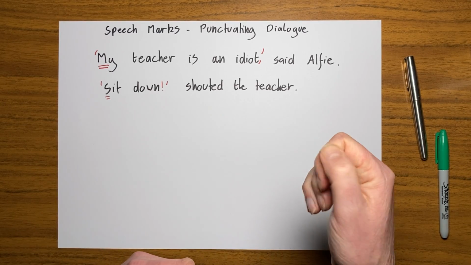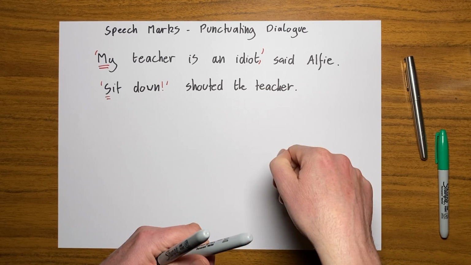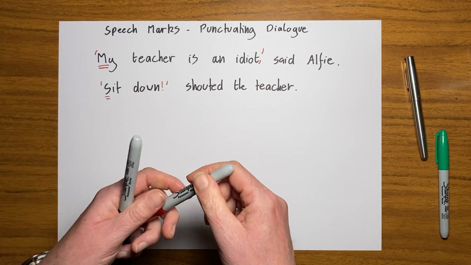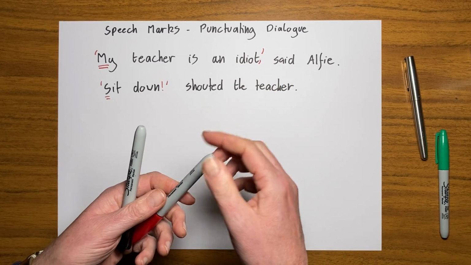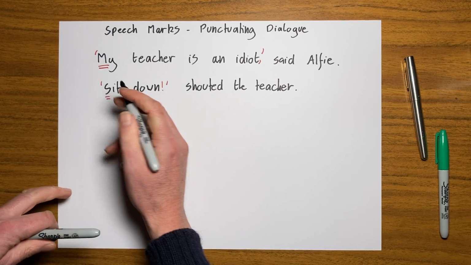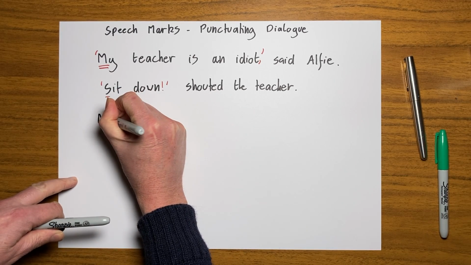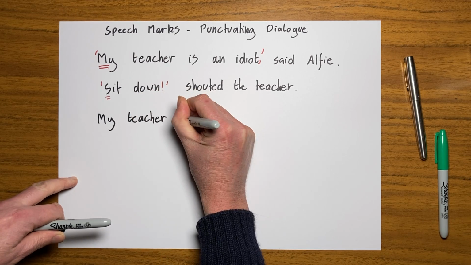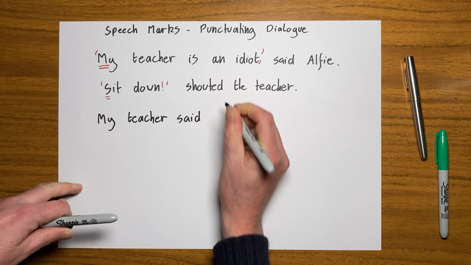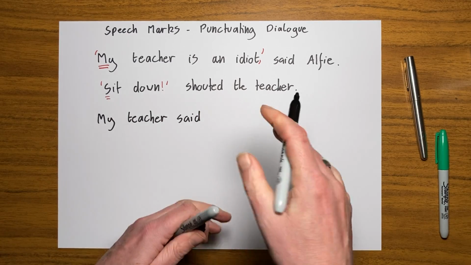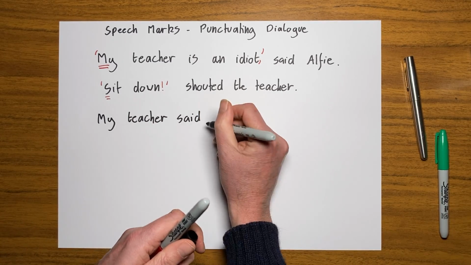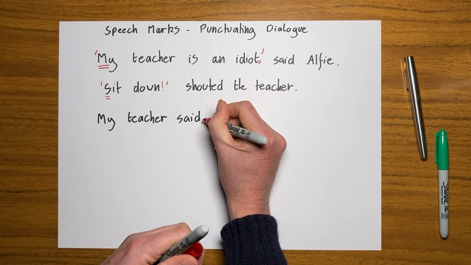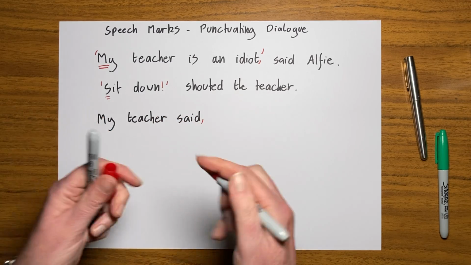Now, if you've got the person who's doing the speaking at the front of the sentence, it's exactly the same thing. You just need to make sure you separate the bits with a piece of punctuation like this. So my teacher said, now before I actually write down what my teacher said, I again need to have that piece of punctuation, always separating what's being spoken from who is actually doing the speaking.